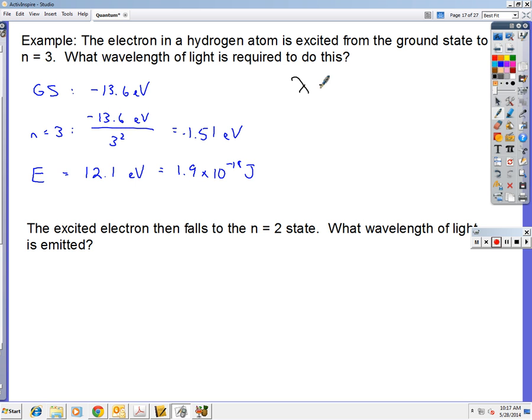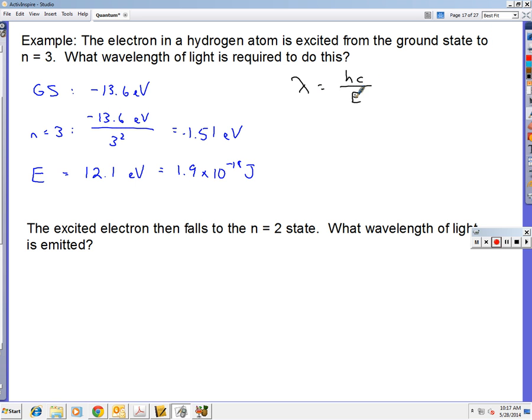And the wavelength of the light is equal to hc over E. Plugging in numbers gives us a photon wavelength of 103 nanometers, which is well into the ultraviolet range.